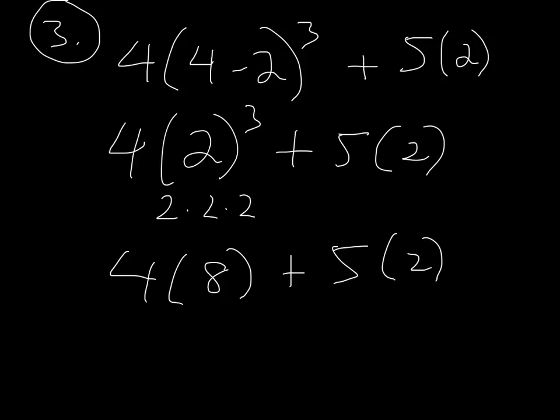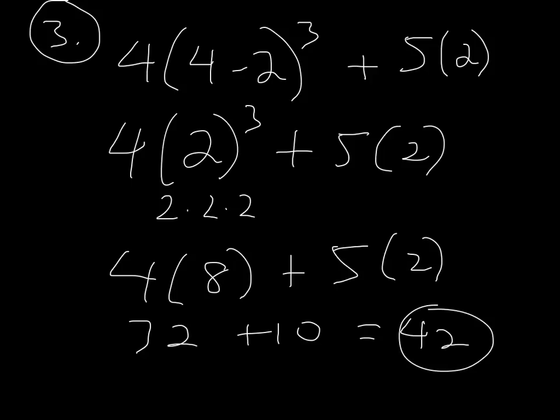Let's finish this out. We just have multiply and addition left. So 4 times 8 is 32. And then 5 times 2 is 10. So no more multiplying or dividing. Adding and subtracting, we have that. 32 plus 10 is 42, our answer.